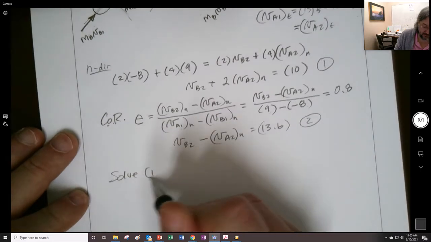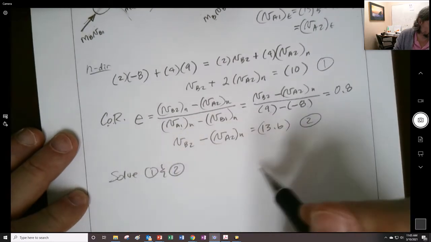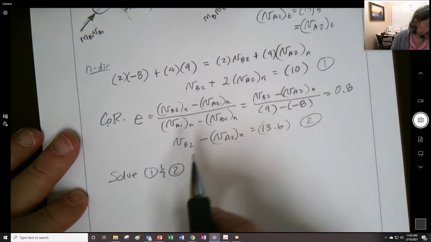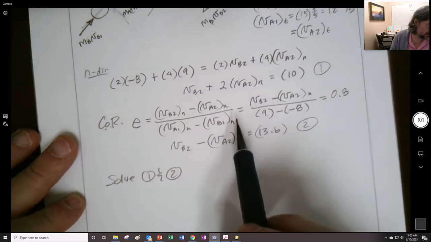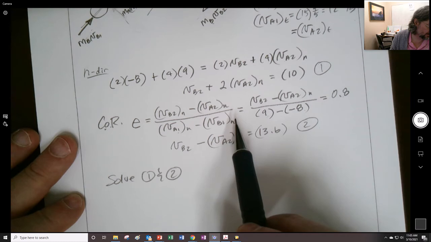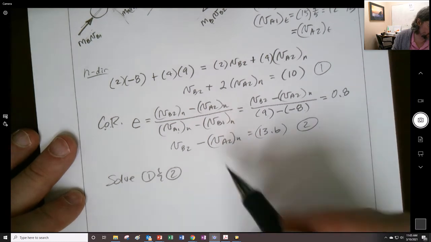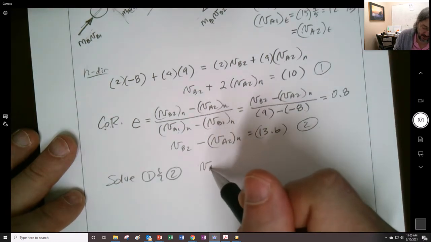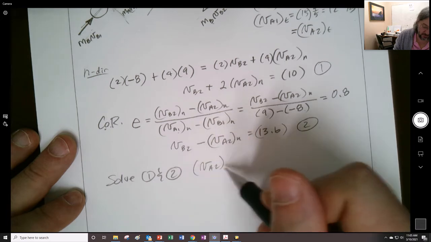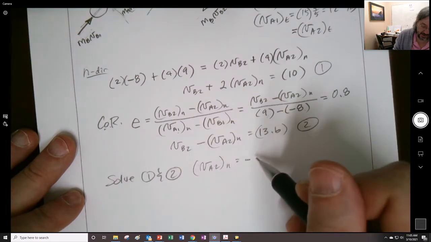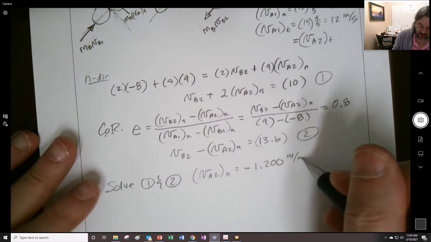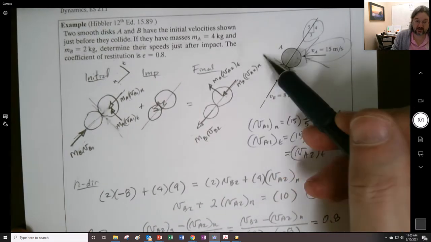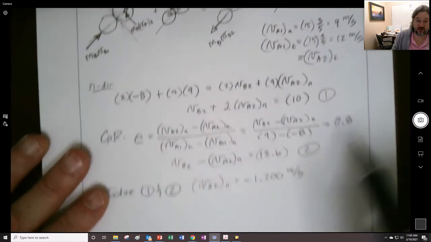So if you solve for 1 and 2, we have simultaneous equations, or we can just stick them back in. Either way you want to manipulate this, I found that VA2N was negative 1.20. Ooh, look at that. So it does bounce off. This does bounce backwards, right?